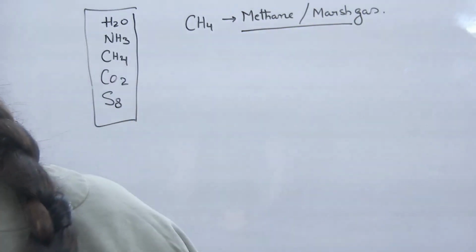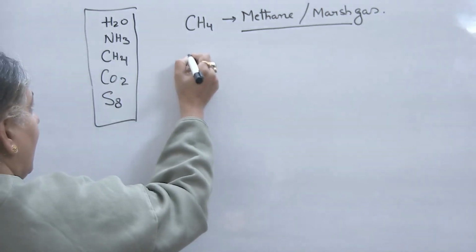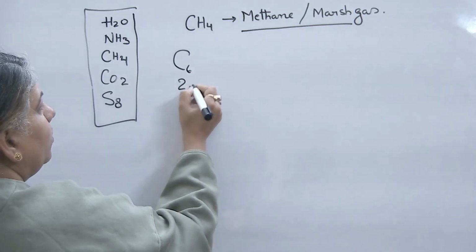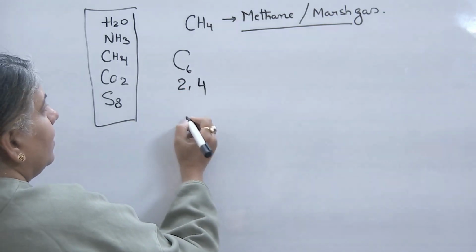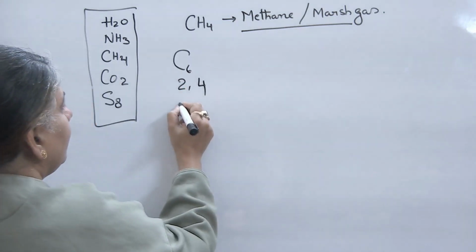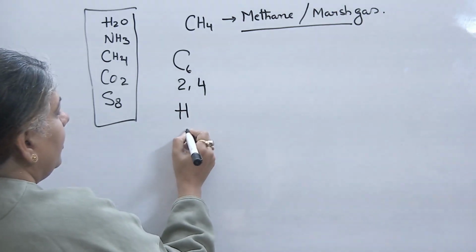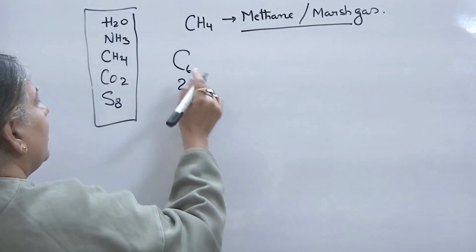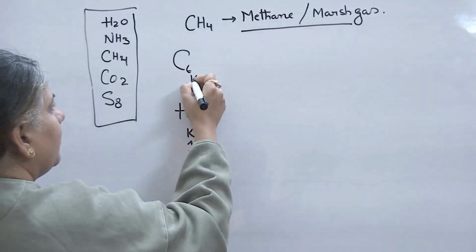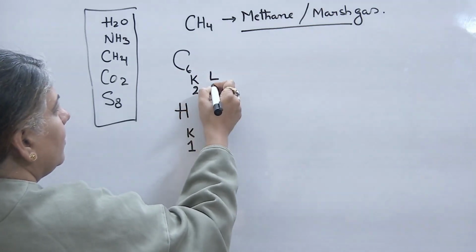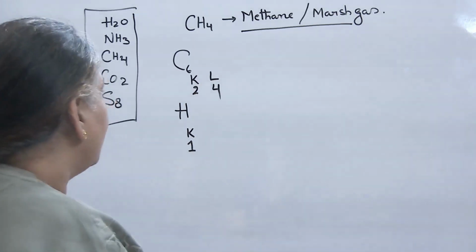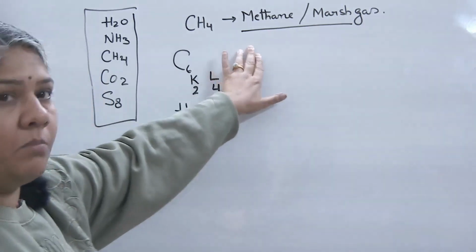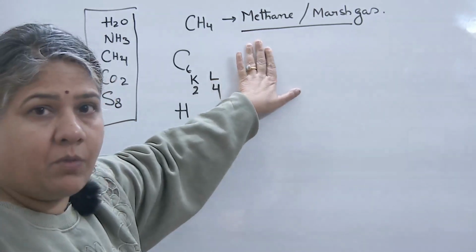So methane, again carbon 6, write the configuration 2, 4 and hydrogen, its K shell will have only 1 electron. So methane basically is the simplest carbon molecule.